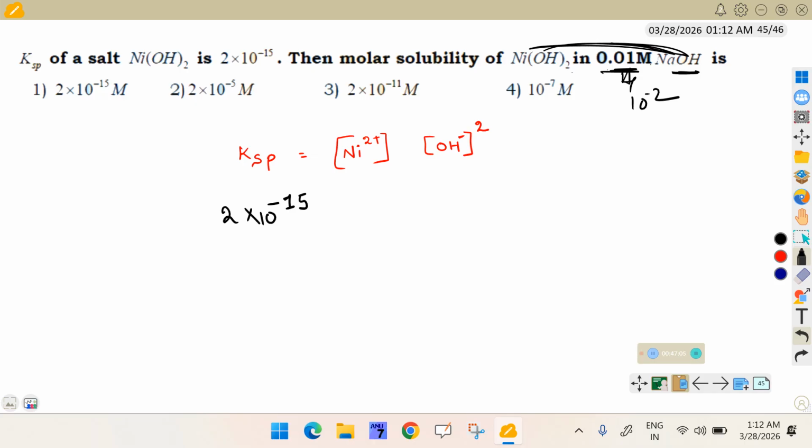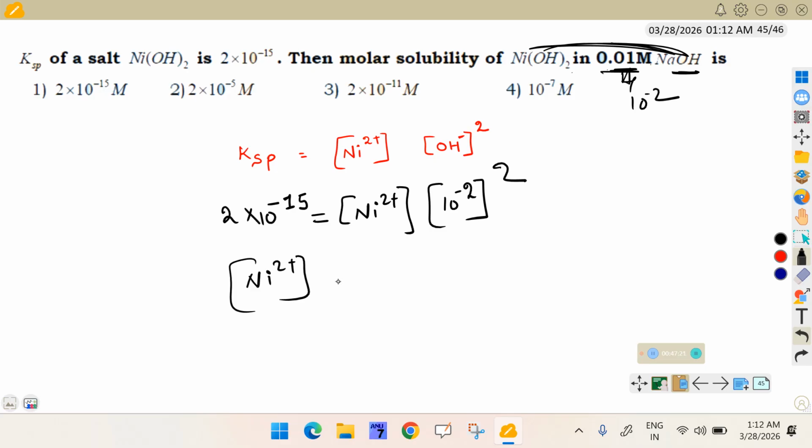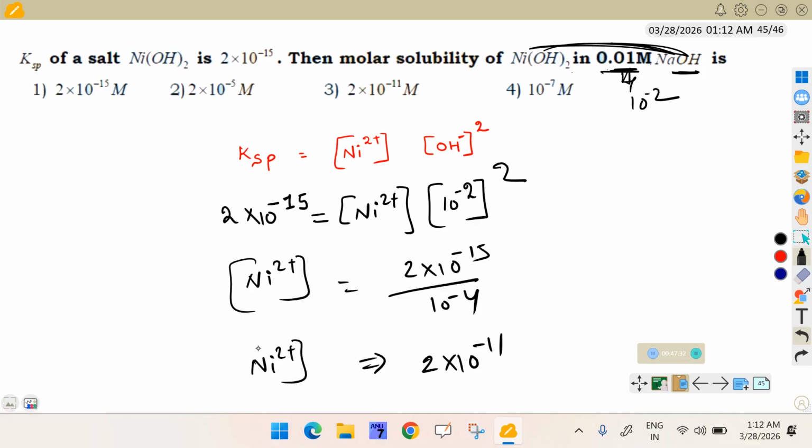According to common ion effect, OH minus ion concentration is taken as 0.01. 0.01 means nothing but 10 power minus 2 whole square. Then Ni2 plus is equals to 2 into 10 power minus 15 by 10 power minus 4. 2 into 10 power minus 11. Ni2 plus is equals to molar solubility. Third option is correct option.